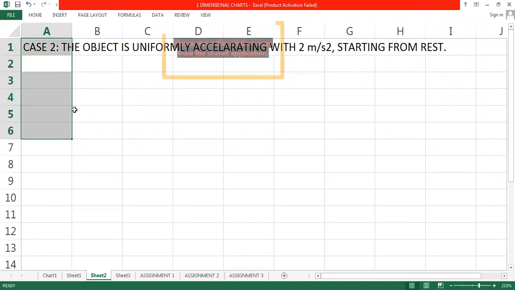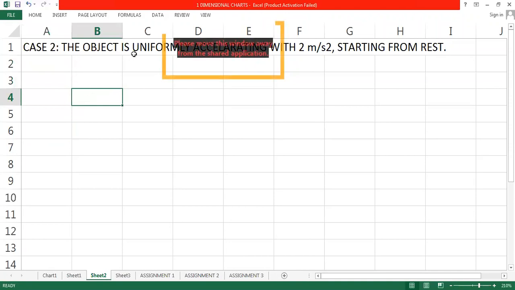This is our case. What's the case? The case is that the object is uniformly accelerating.